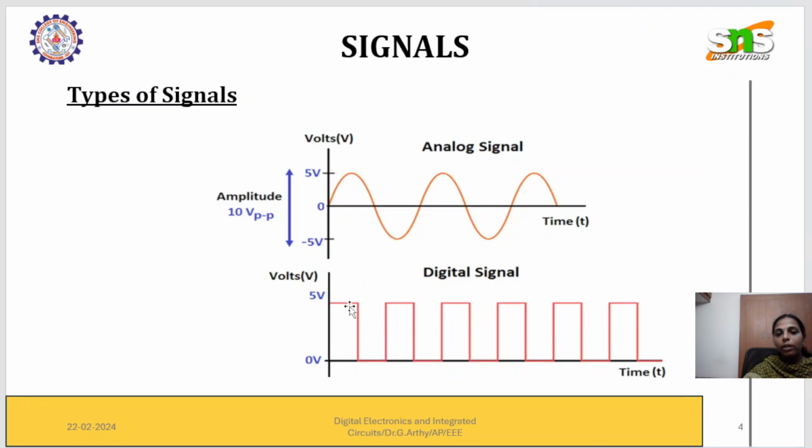So here you see only time instances are being calculated. Only at specific time instances the signal is being measured or traced, or we can even say the analog signal is being sampled. So what is the difference between analog and digital signal is clear to you.